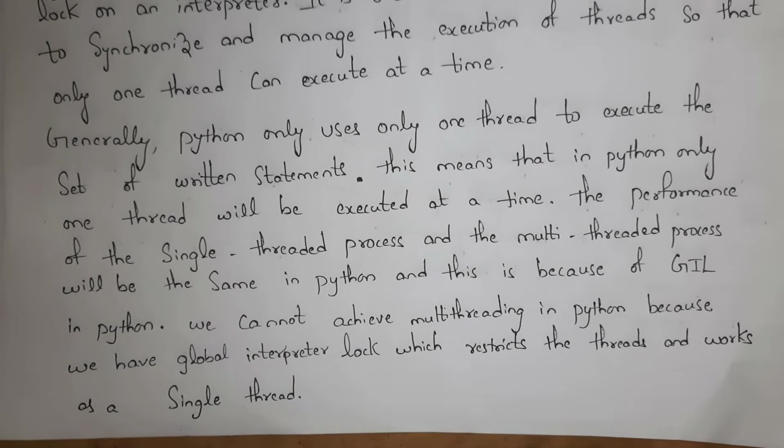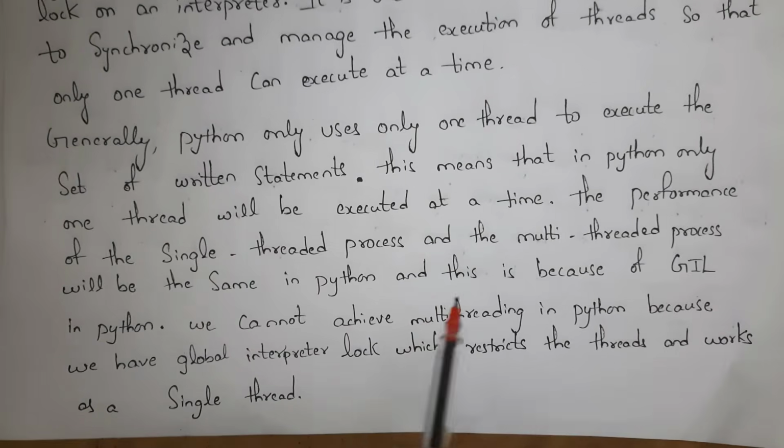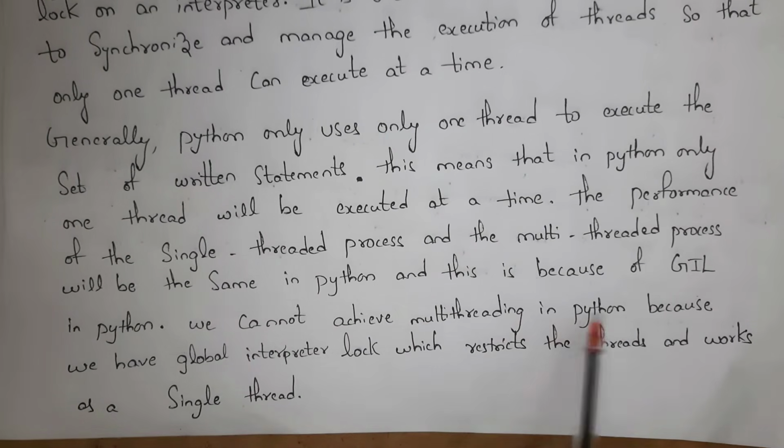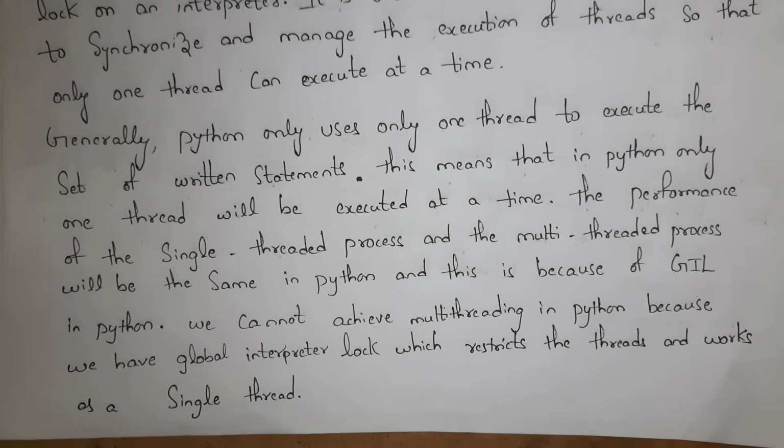So performance will be the same for a single-threaded process and a multi-threaded process because of the global interpreter lock in Python. We cannot achieve multi-threading in Python because we have a global interpreter lock, which restricts the threads and works as a single thread. Multi-threading is nothing but executing multiple threads at a time, which we cannot do in Python because Python contains a global interpreter lock.